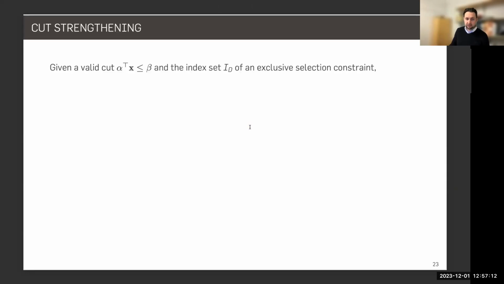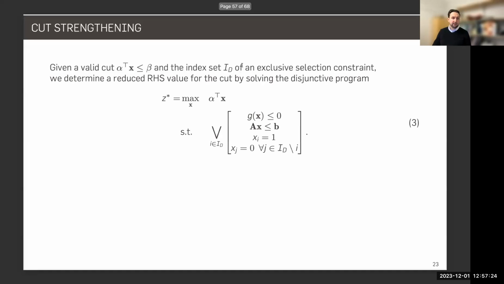Okay, so let's look at the strengthening. Now if we are given a valid cut, obtained by the ESH algorithm, or basically any other algorithm for that matter, and the index set of an exclusive selection constraint, then we can determine a reduced right-hand side value for the cut by solving the following disjunctive program, where we are maximizing the right-hand side of the cut subject to all the original constraints of the problem, and we are considering all integer assignments, all combinations of the integer variables in this exclusive selection constraint.